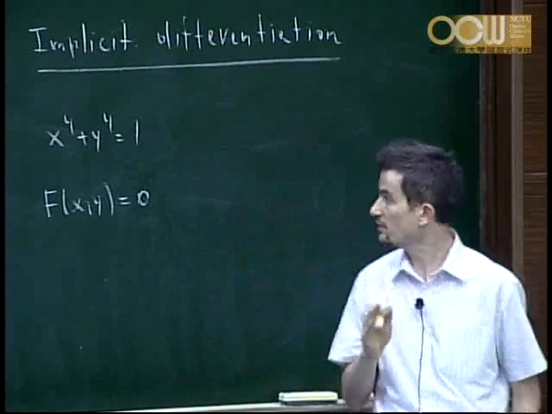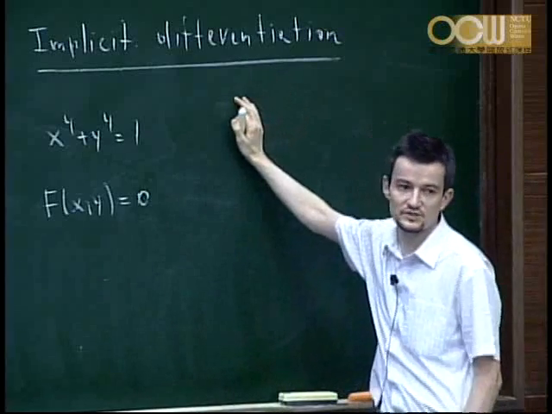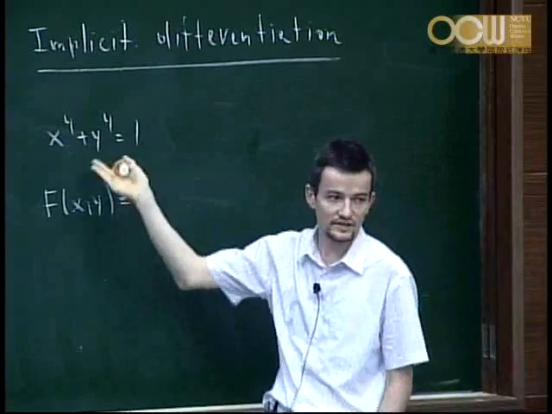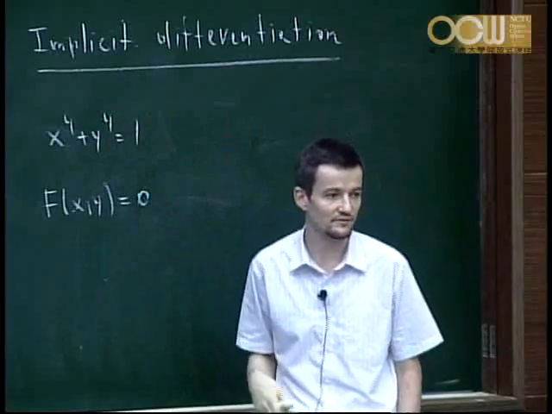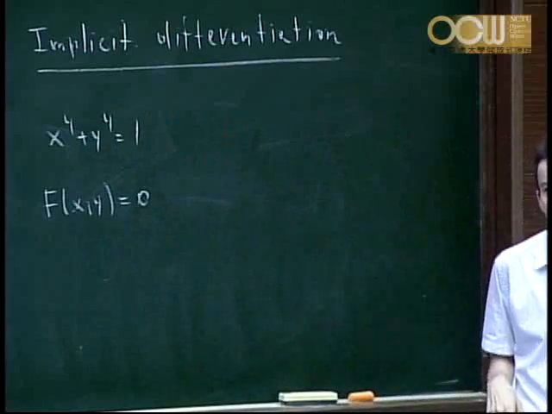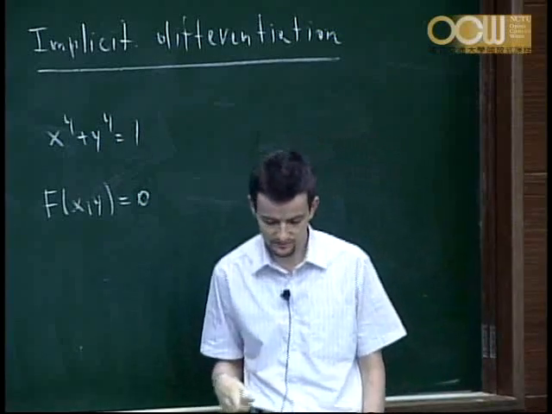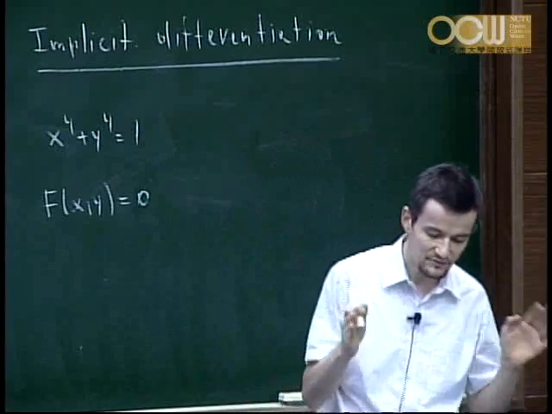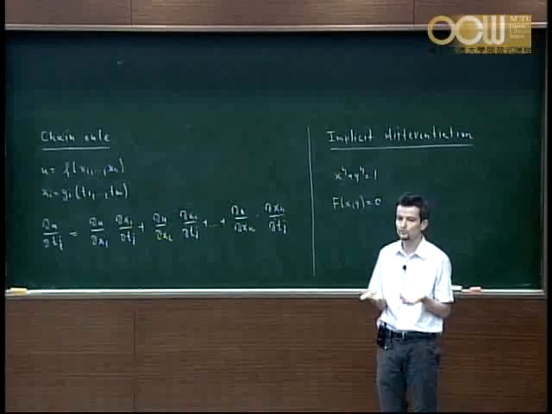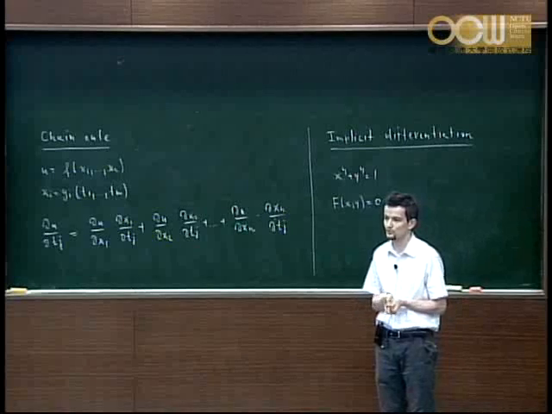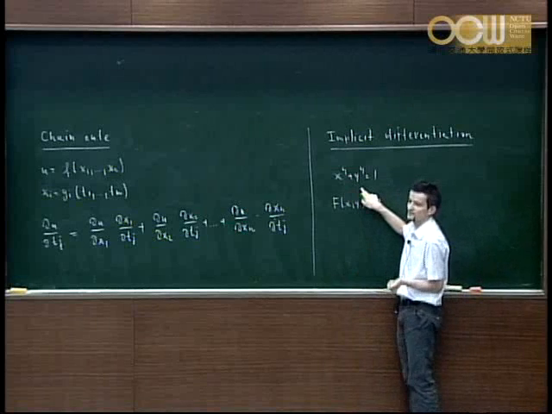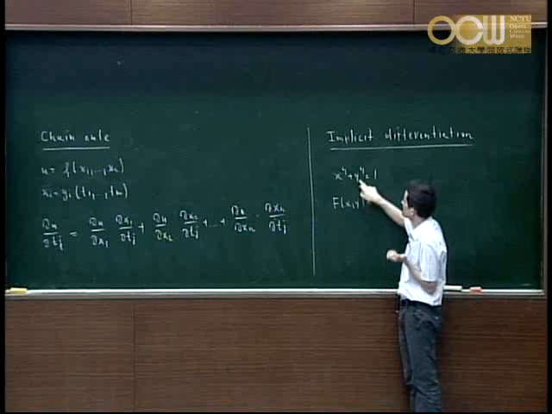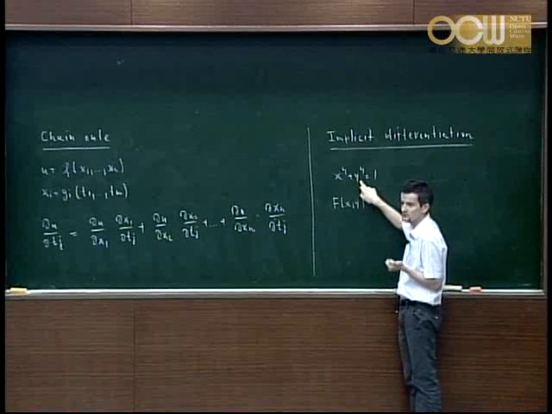Now, what is the problem of the method of implicit differentiation? Of course, it's easy to apply the method. You take the derivative on the left-hand side and right-hand side, compute and solve for the derivative. But even if you get an answer, you do not know whether the answer is meaningful, because you do not know whether this really defines a function y is equal to y of x, and whether this function is really differentiable.